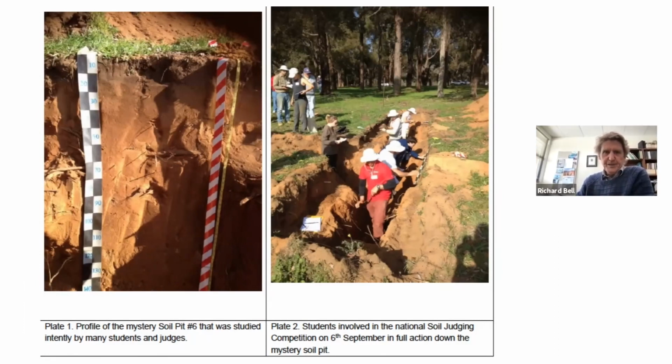So the photographs show a soil judging competition.